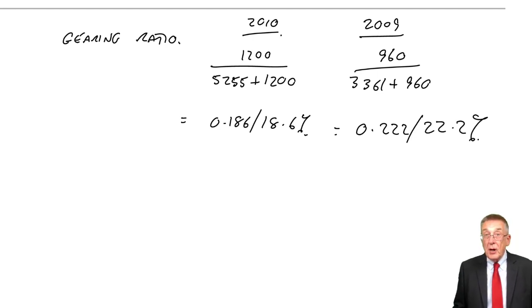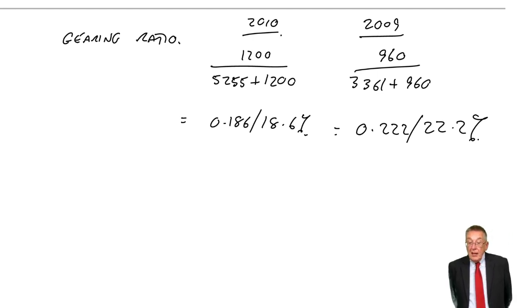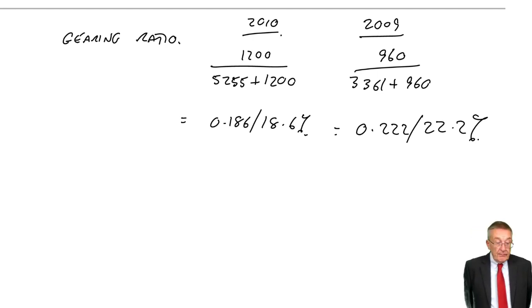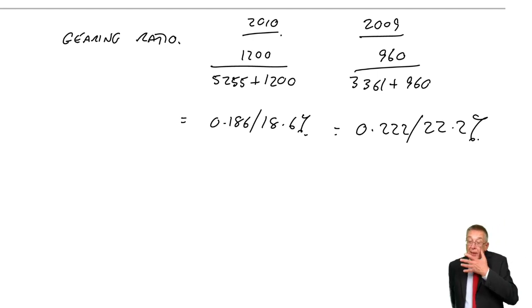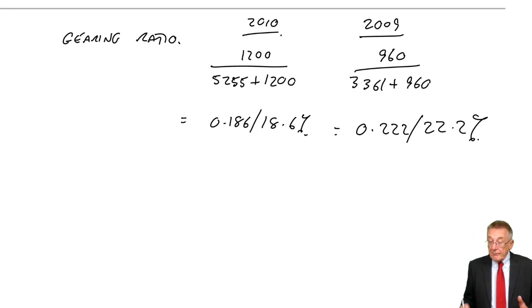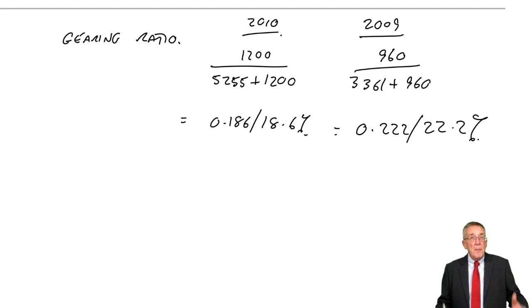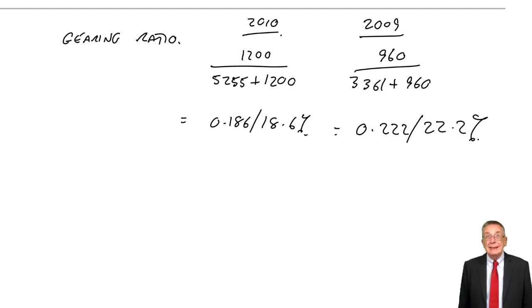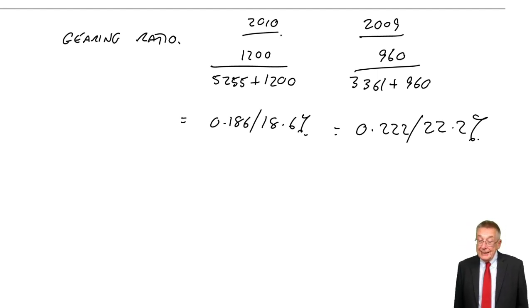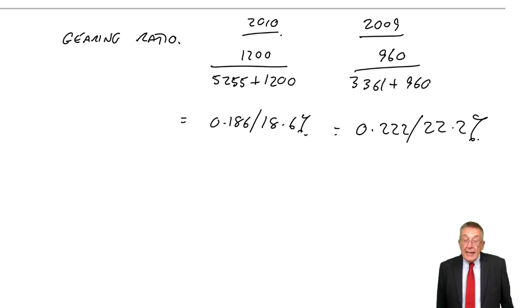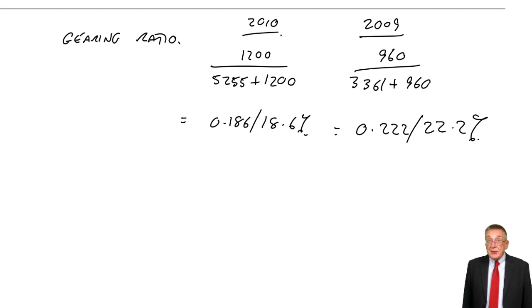You can express it either way. Think back to the interest cover. Surely the higher that figure is, the more money is coming from long-term borrowing, and therefore the more interest is payable, and therefore the more risky. Here it's actually fallen, it makes things less risky, but the difference isn't significant.